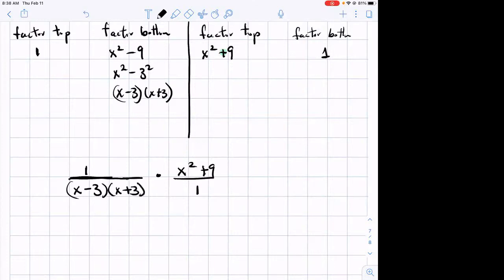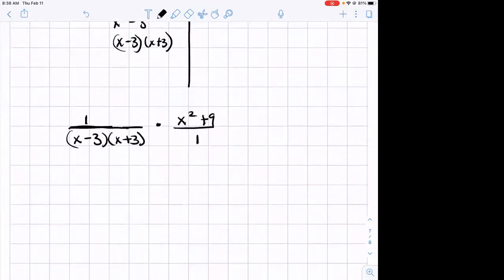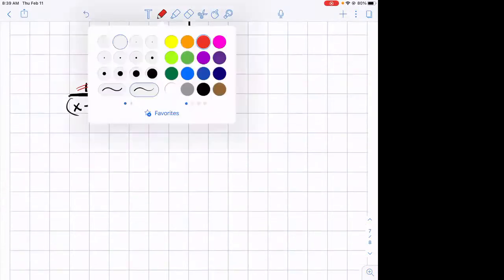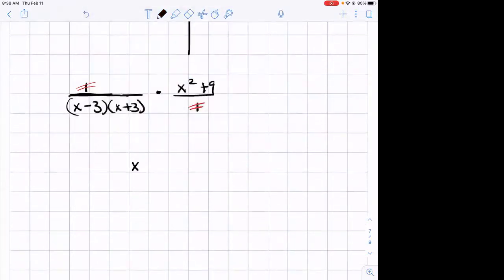So notice that there is nothing here that can cancel from any top or any bottom. Well, if you want to say the ones cancel, you can say that. So what I'm left with here is x squared plus 9 over x minus 3 times x plus 3.